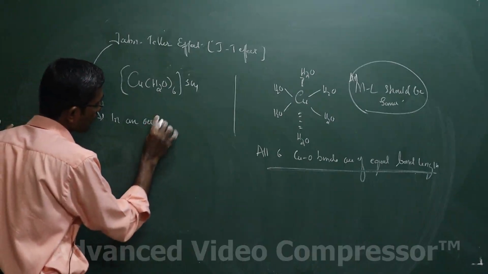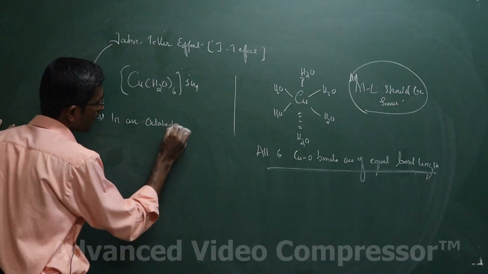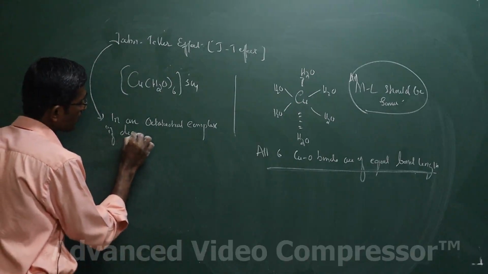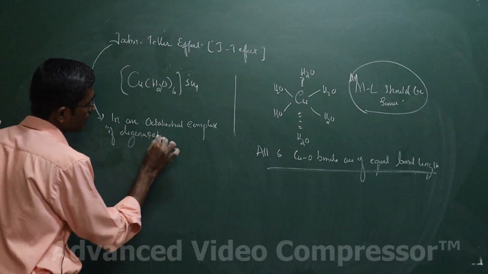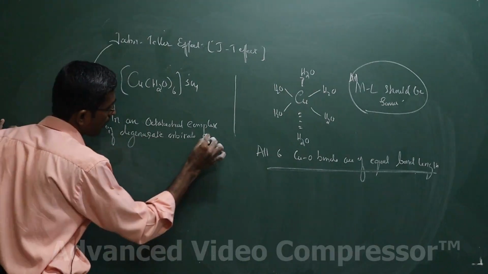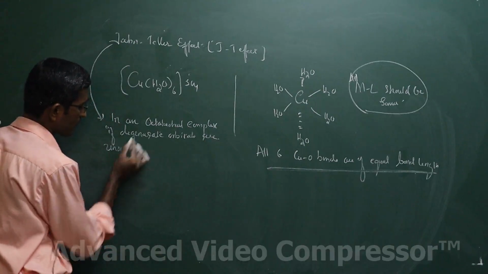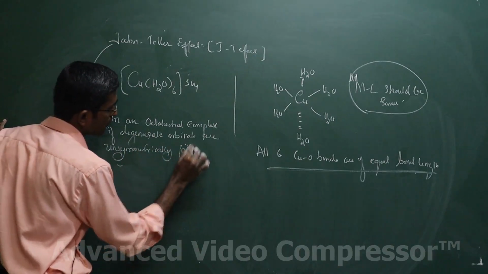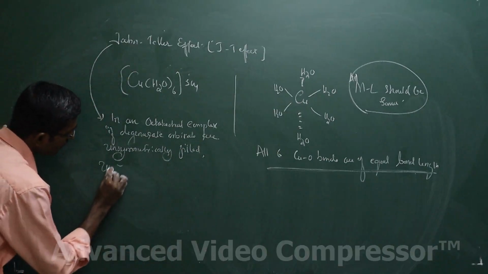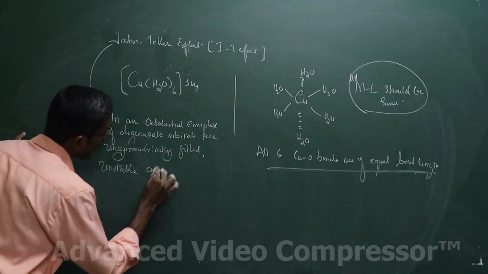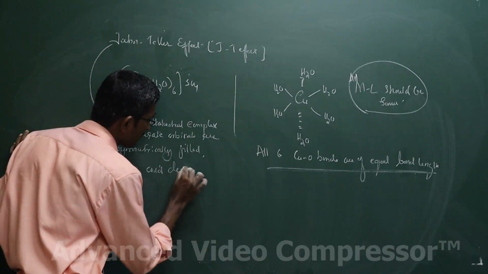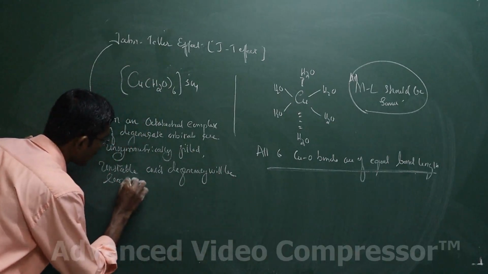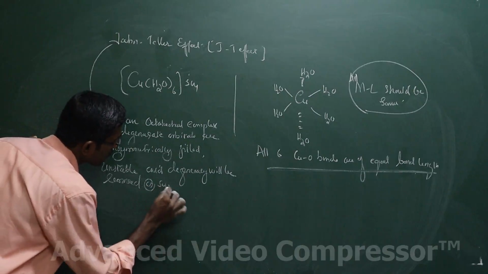In an octahedral complex, if degenerate orbitals are unsymmetrically filled, it's unstable and the degeneracy will be removed, or the symmetry will be distorted.